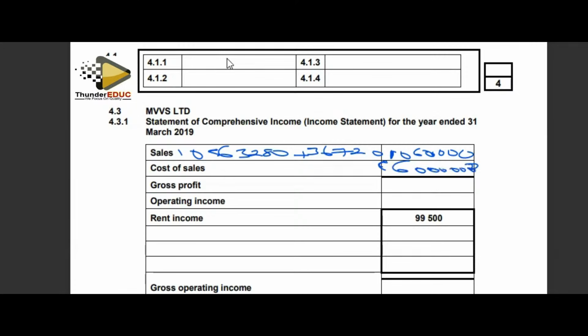Okay. Remember, we said that we are deducting it from our sales to determine the gross what? The gross profit. So if you get your sales minus cost of sales, how much do you get?